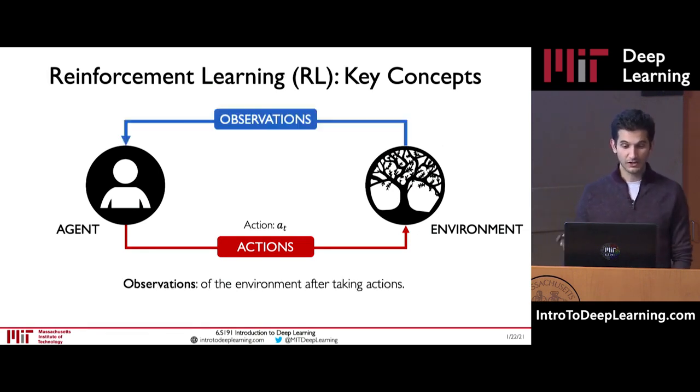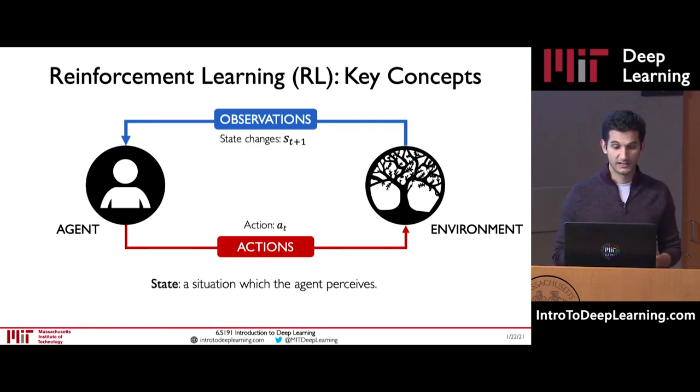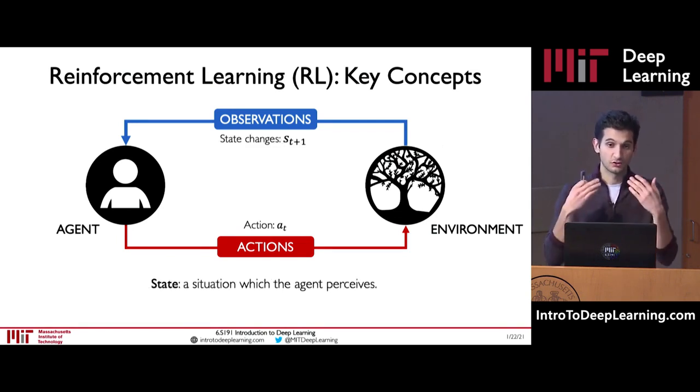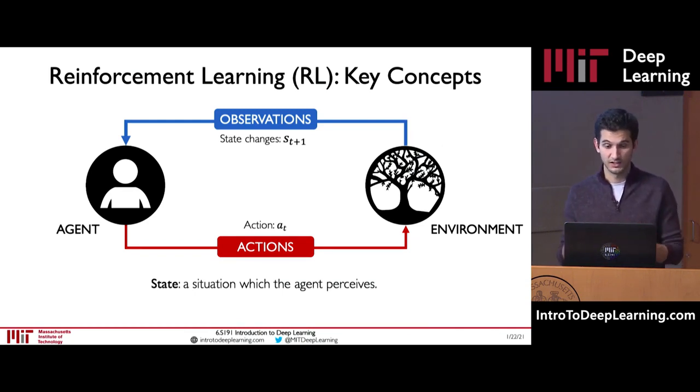Now, when the agent takes actions in an environment, its environment will send it back observations, right? So an observation is simply how an agent interacts with its environment. And you can see that it's sending back those observations in the form of what are called states. Now, a state is just a concrete and immediate situation that the agent finds itself in at this moment in time t, right?